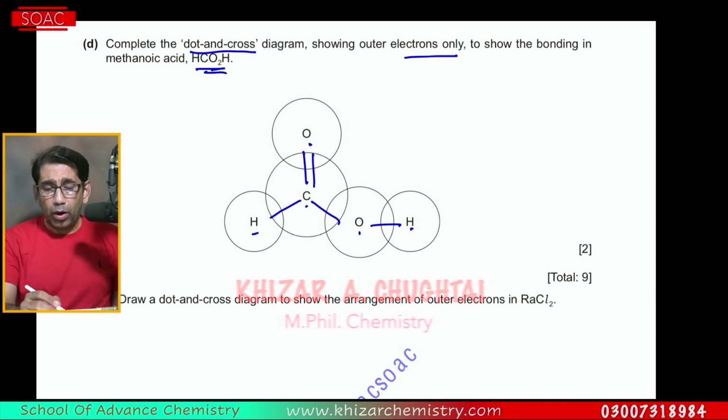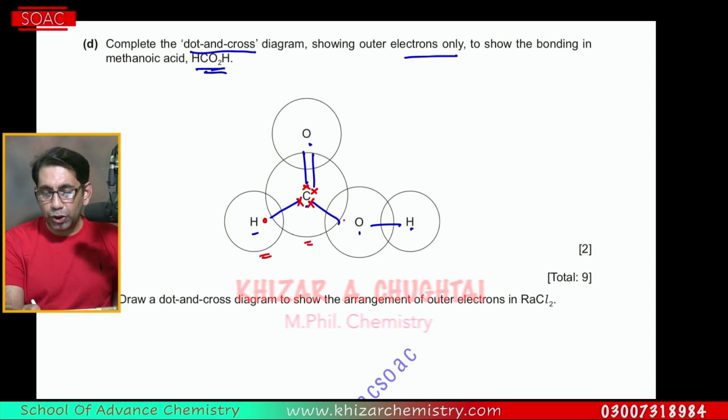So now I am going to mark dots and crosses. For hydrogen, dot; let's suppose for carbon the electrons are crosses, 4 electrons in this scenario. So I put 4 crosses across the carbon, and again dot, cross.